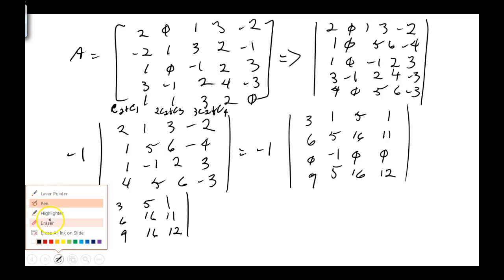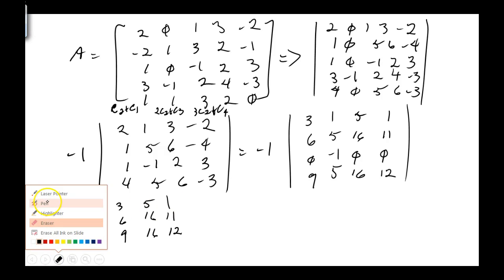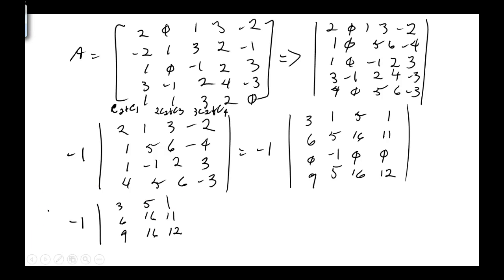Okay. Alright, we can divide out a 3 from that first column. So this would then be -3 out front, and then that would be a 1, 2, 3, 5, 1, 16, 11, and 16, 12.